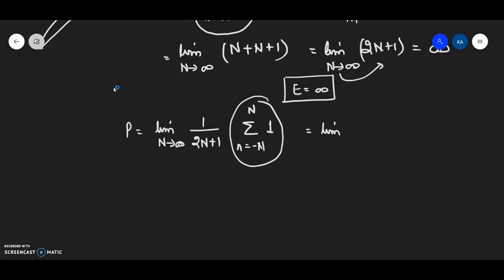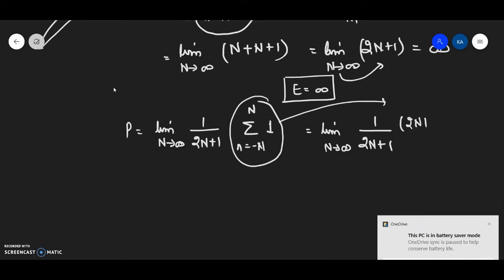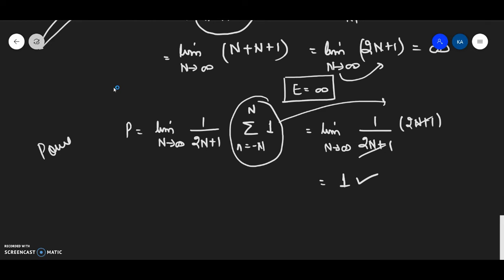Let me first write 2n plus 1, and the solution of this term gives me 2n plus 1. Now these get cancelled and I get 1. Since the value is 1, I am sure that this particular signal is a power signal. Fine. I hope the logic is clear to everyone. We have to do almost all the questions through the same method.